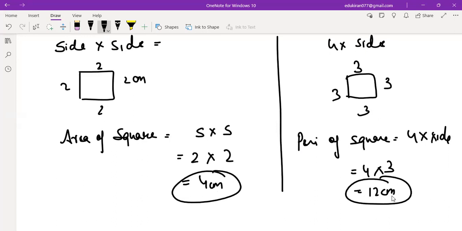Now, you can see this is 4 centimeter and this is 12 centimeter. How will you get to know this is a perimeter and this is a square area? In area, you always mention square: centimeter square. Whenever you are solving it, you mention centimeter square, meter square, kilometer square, whatever it is. But in perimeter, you don't.